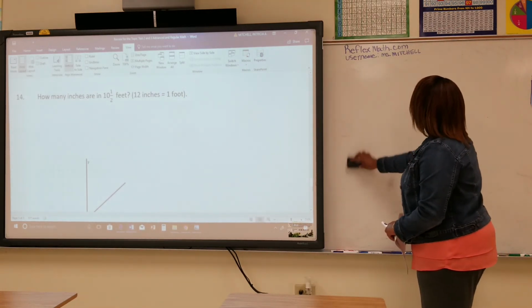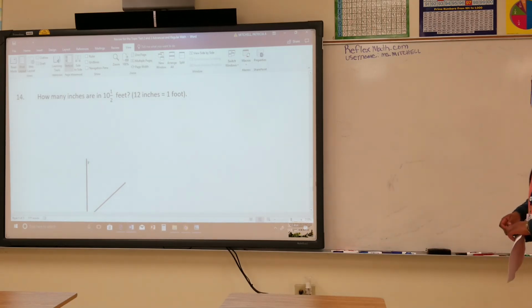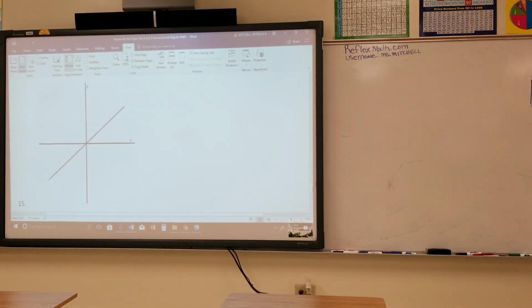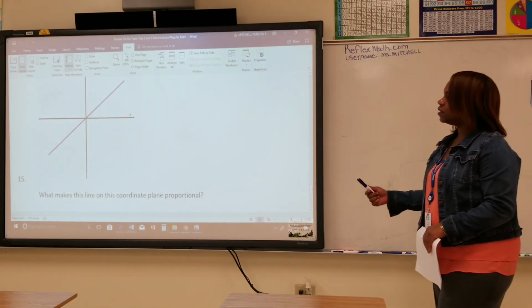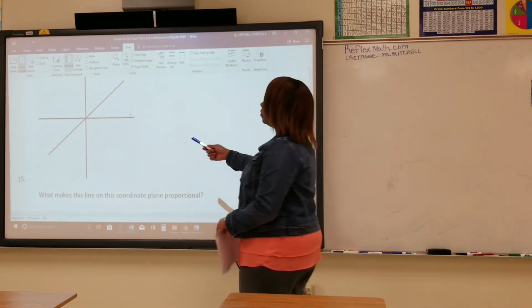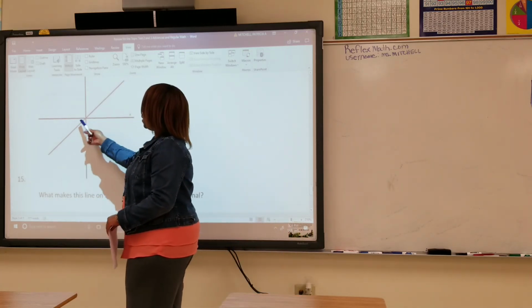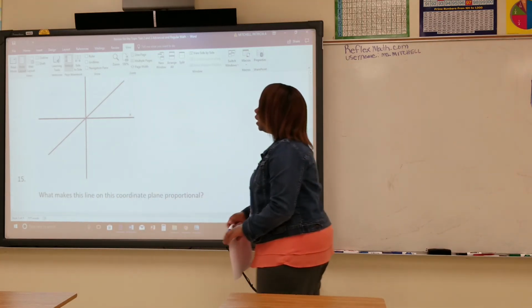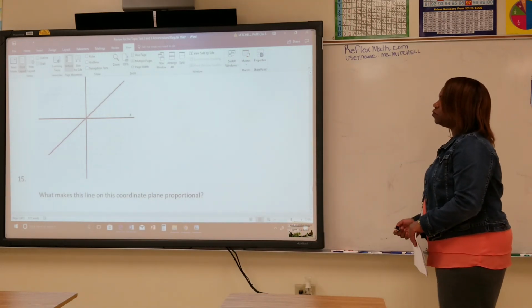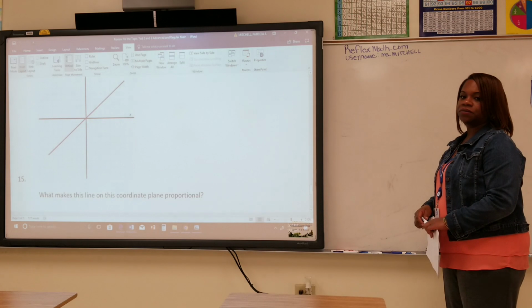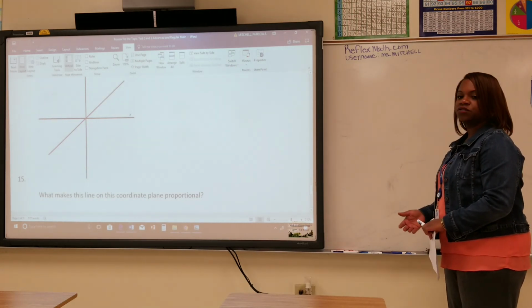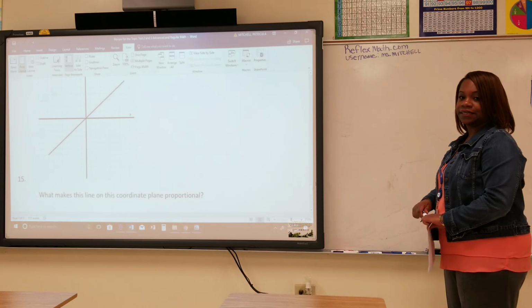And now we're going to scroll to our last question, and this is the question that I was talking about, number 15. And that is, what makes this line on this coordinate plane proportional? Okay, so we see this line on the coordinate plane. And so our question is, what makes this line proportional? All right? So remember, for something to be proportional, it has to form a line itself.